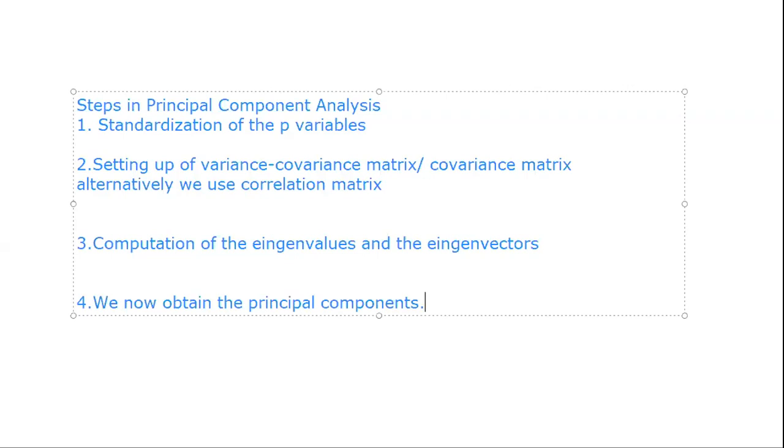So these are 4 steps that you need to follow when you want to construct a principal component analysis on a set of variables, with the attempt to reduce the dimensionality in the data set.